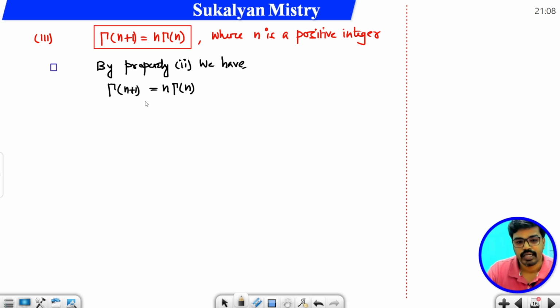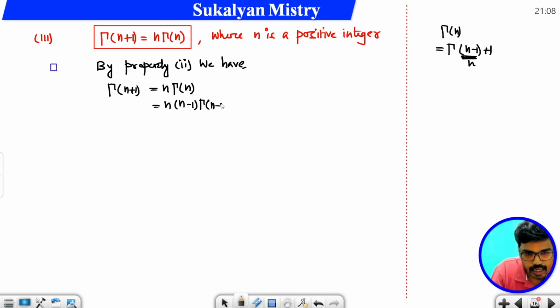Now just see, we know that gamma n plus 1 can be written as n gamma n, so gamma n can be written as gamma n minus 1 plus 1, that means n gamma n, and gamma n minus 1 plus 1 that is n gamma n.